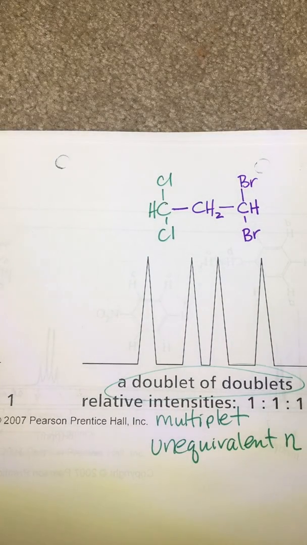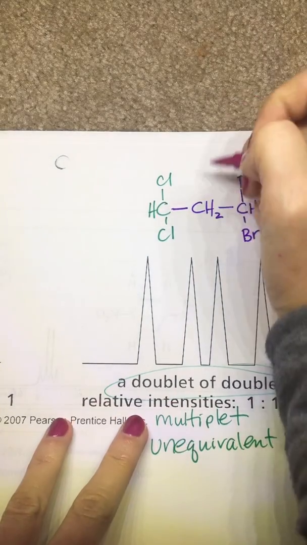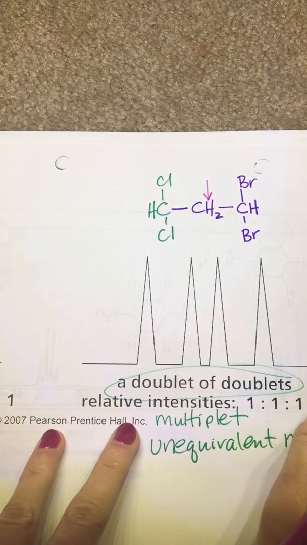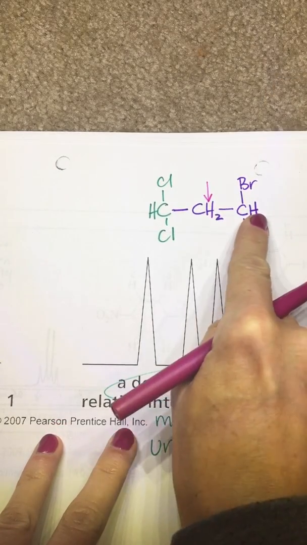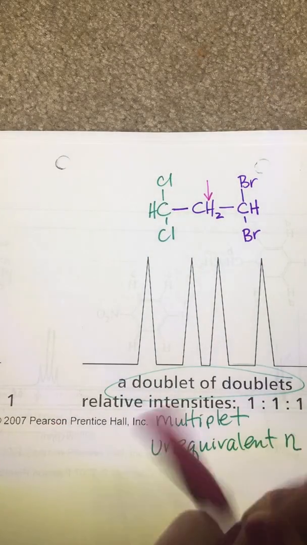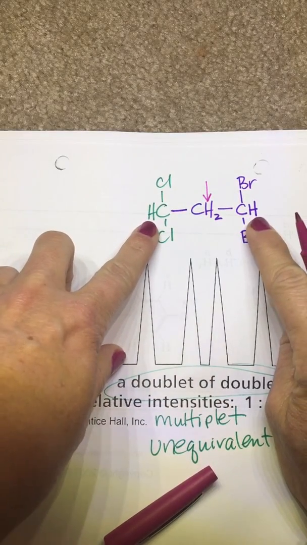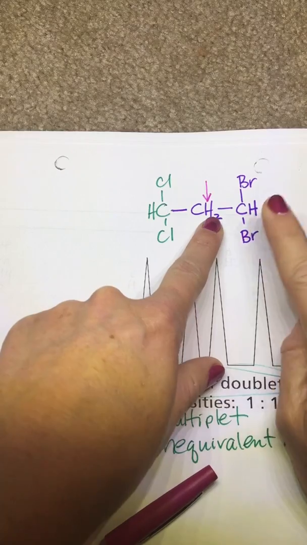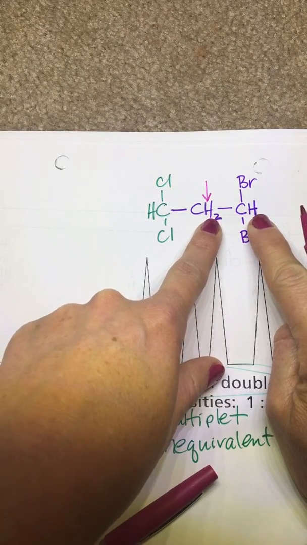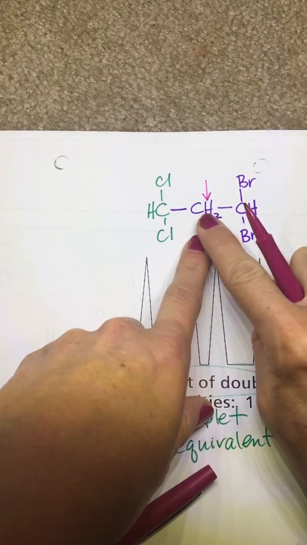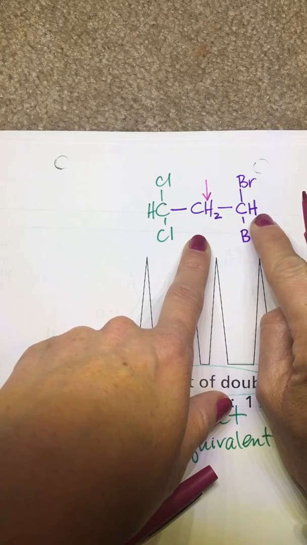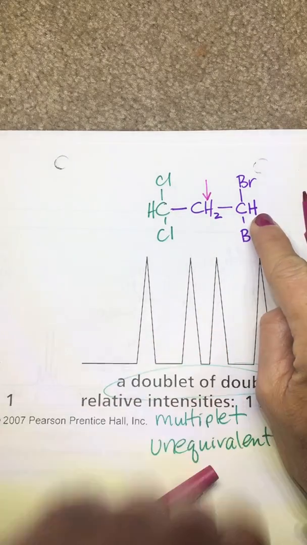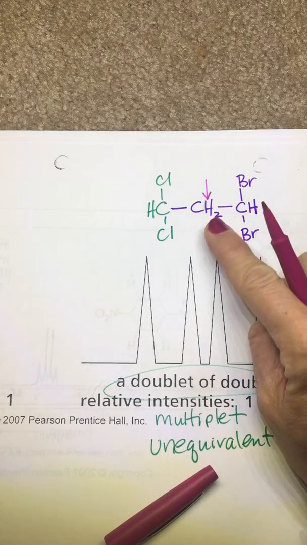Okay. So, looking at these guys right here, we can't say they have 2 equivalent neighbors because these 2 hydrogens are different from one another. So what happens in the splitting is this 1 hydrogen can affect these guys 2 ways. It could spin up and spin down, right? Thinking about our spin combinations.